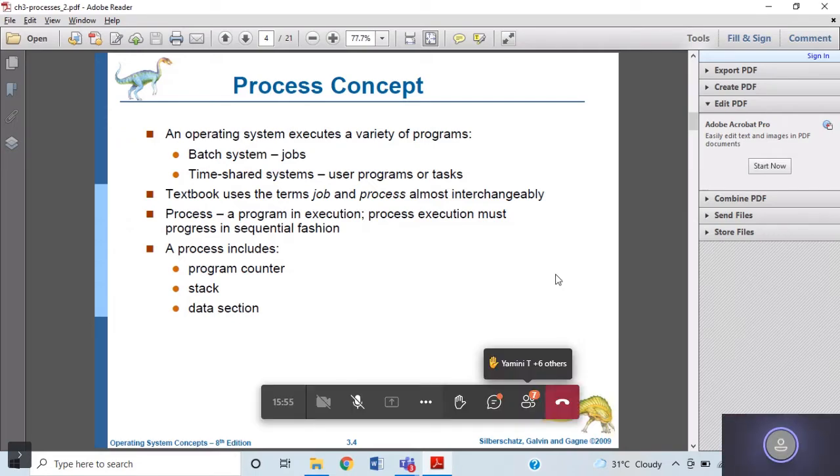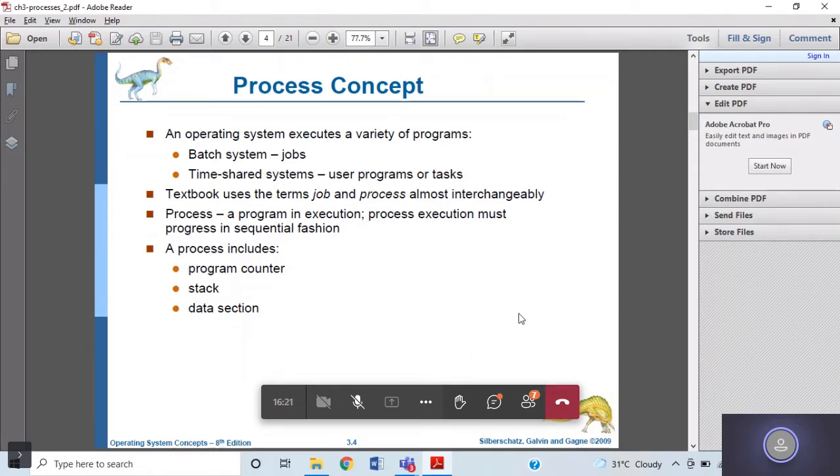For each and every process, some time allocation will be there, and within that time allocation that process should be executed. A process is a program in execution. Process execution must progress in a sequential fashion, step by step.